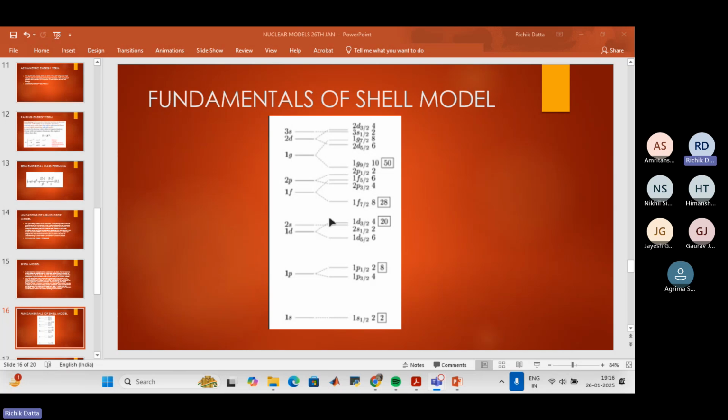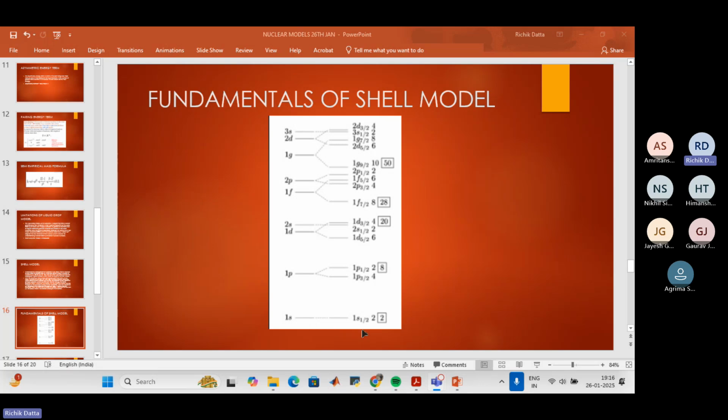Basically from this shell model we can find out the parity of some nucleus, whether the parity will be positive or negative, and the total angular momentum of the nucleus. From the above principle, from Hund's rule, you can see 1s2 2s2 2p6 3s2 3p6 and so on.